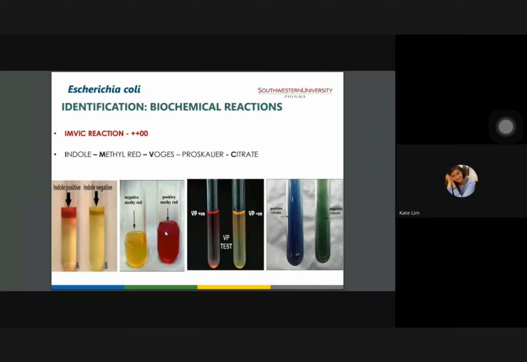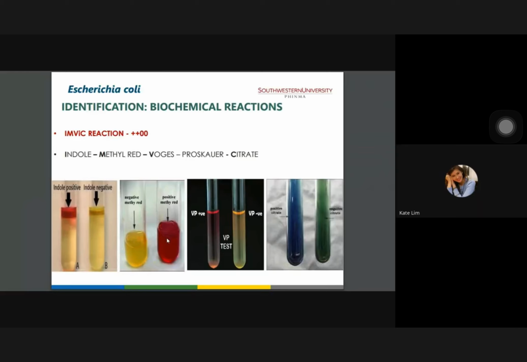As you can see here, in the methyl red test the positive color, again, if in doubt, answer red. There is a red color that appears after adding the reagent. What is the name of the reagent? Methyl red reagent. Again, what is the name of the reagent for indole? Kovac's reagent. For methyl red, it's the methyl red reagent.